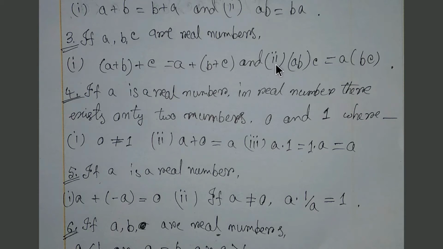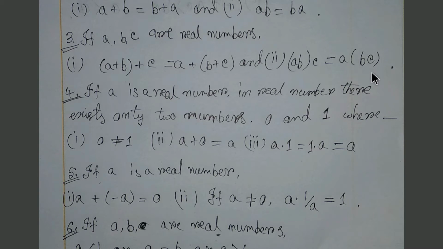From this, please notice carefully. Here a plus b in the first bracket, plus c, is equal to a plus b plus c in the other grouping, and ab into c, here a and b are together. ab into c is equal to a into bc.